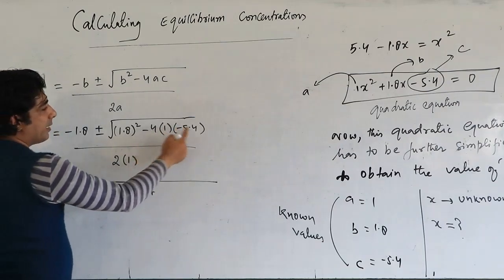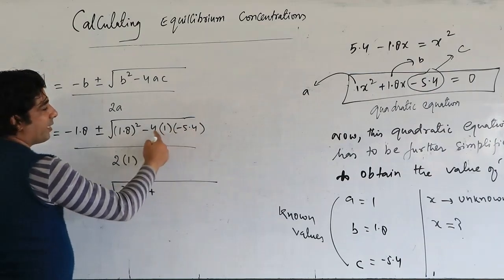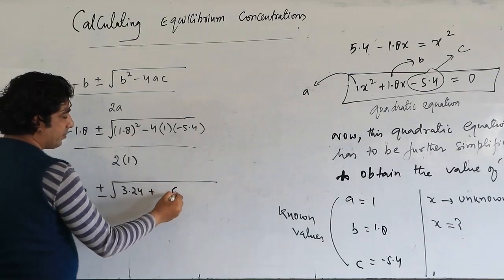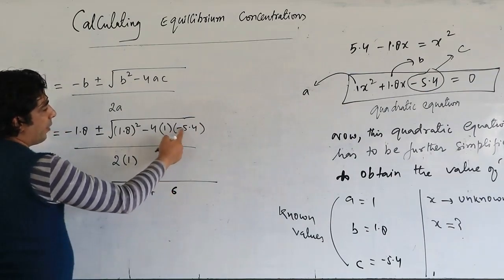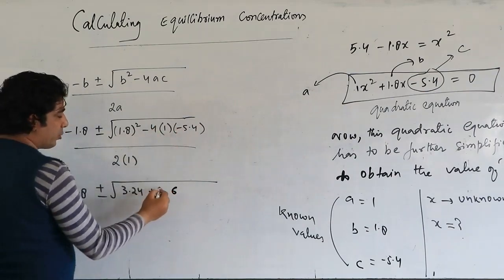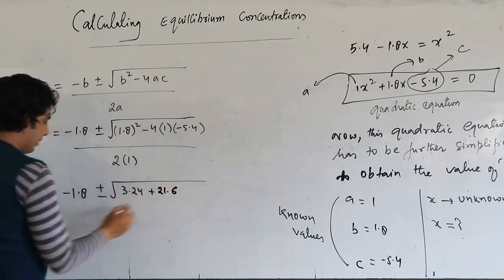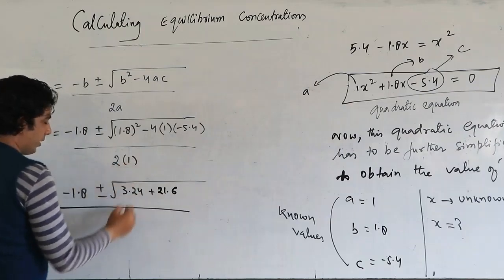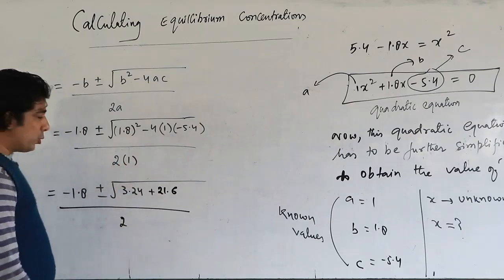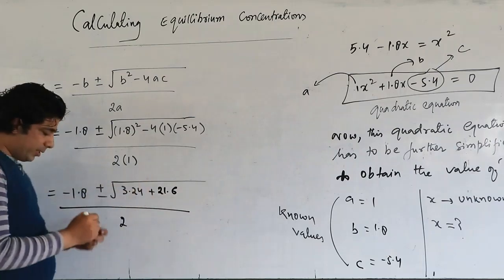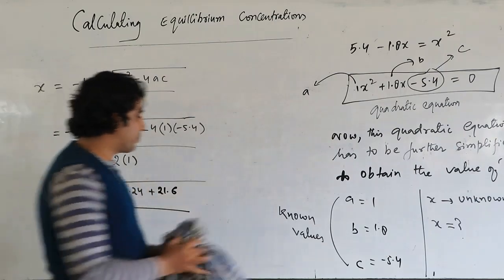So let us multiply these two things and find out what we'll get. 4 into 4 is 16. Then 5 into 4 is 20, it will become 21. So 21.6, my dear friends. After that, divided by 2 into 1, which is 2 only. Correct? So what I am going to do, let us sum them up and take its square root. So let's do that, my dear friends.